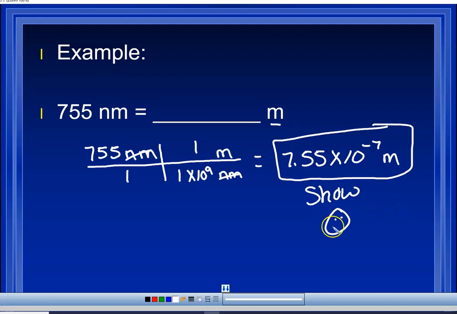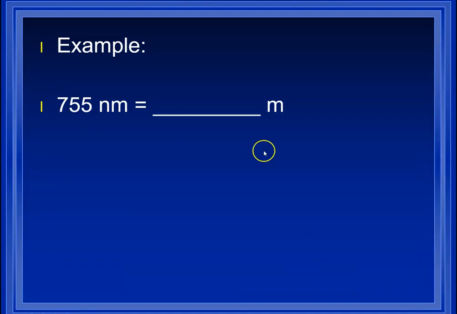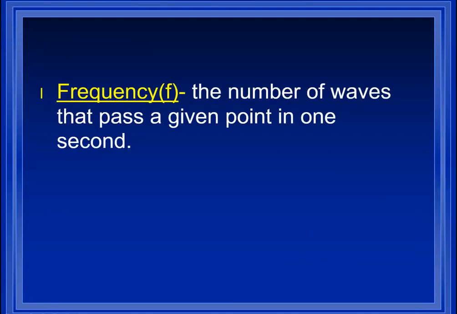Okay? All right. That's just a converting. About to need it. And then frequency is how many waves pass a given point per second. Okay, so it's how many waves are per second.